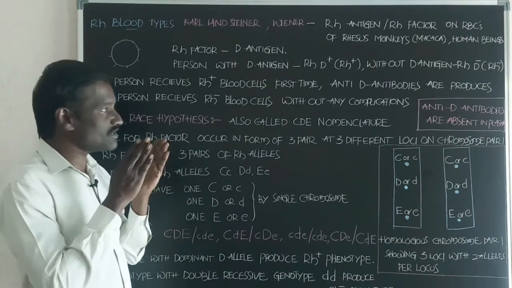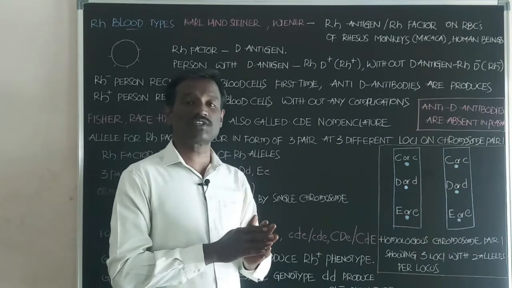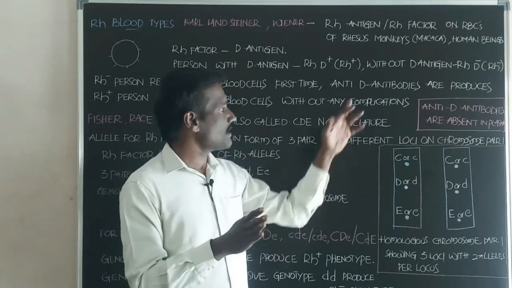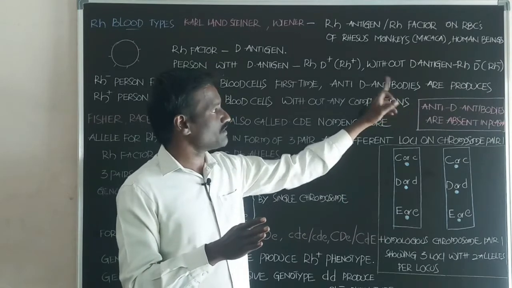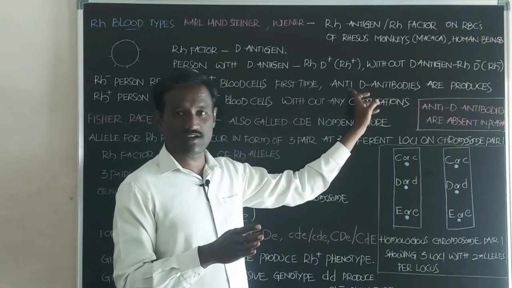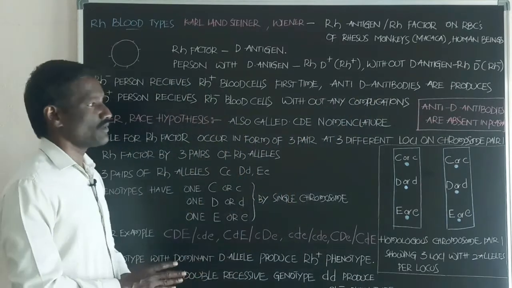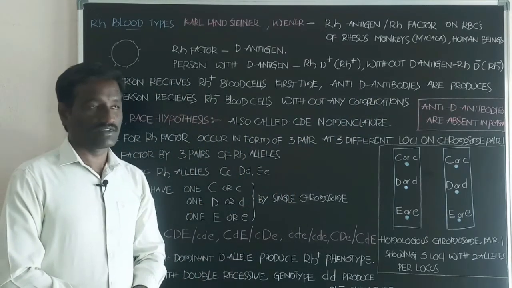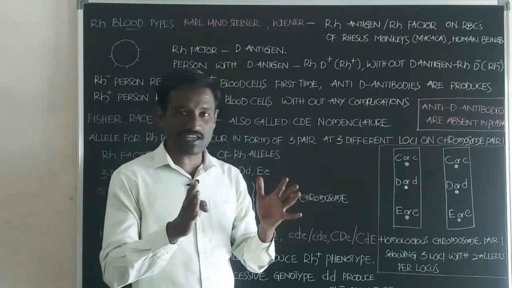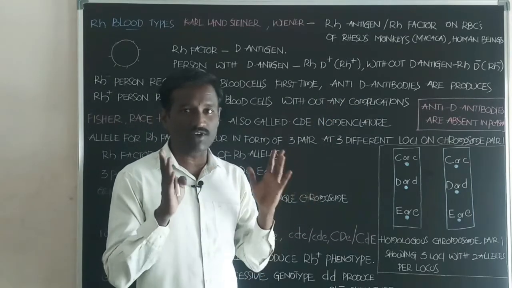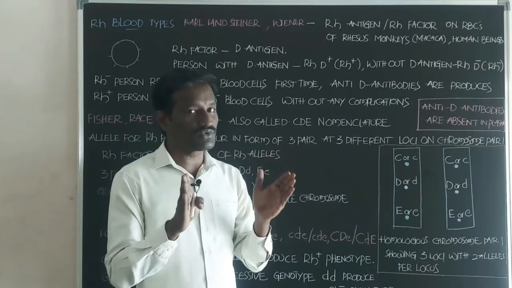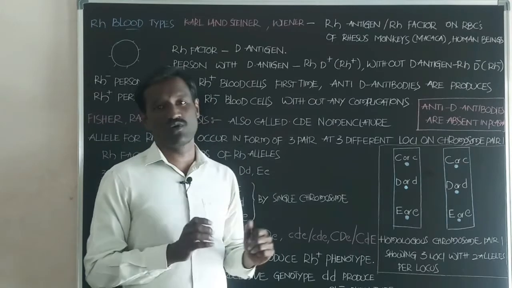The immune system identifies it and produces a specific type of antibodies, called anti-D antibodies. These anti-D antibodies are normally absent in the plasma of the individual; they are produced only at this time.